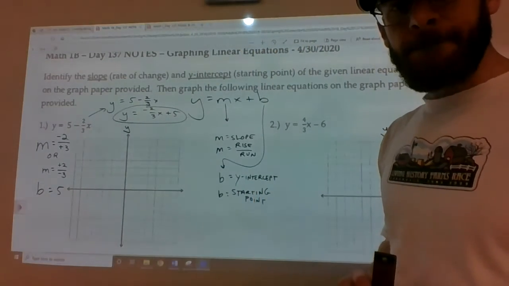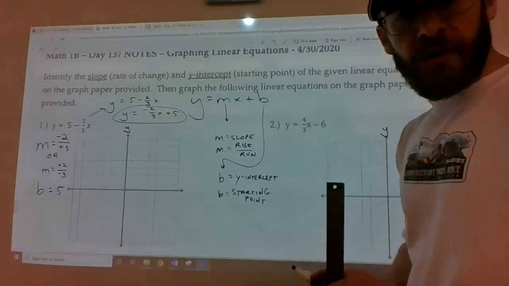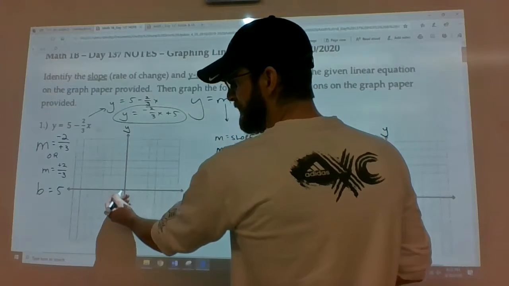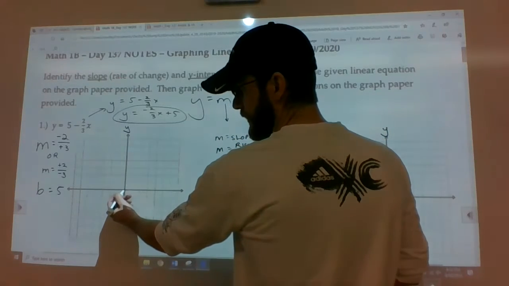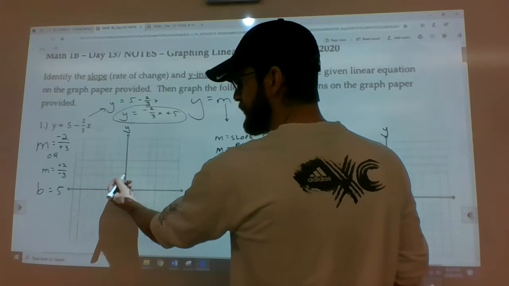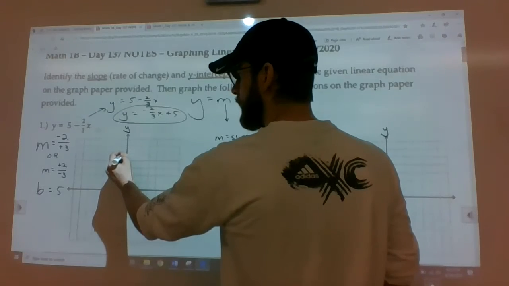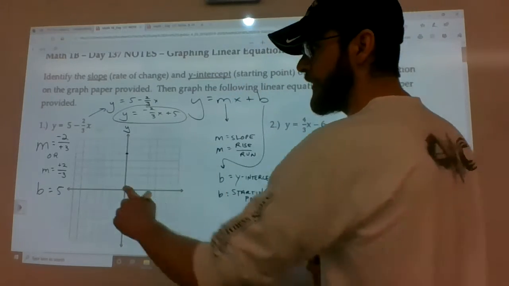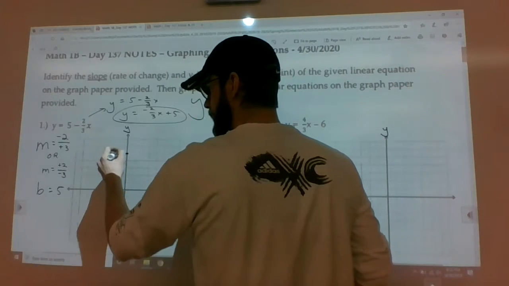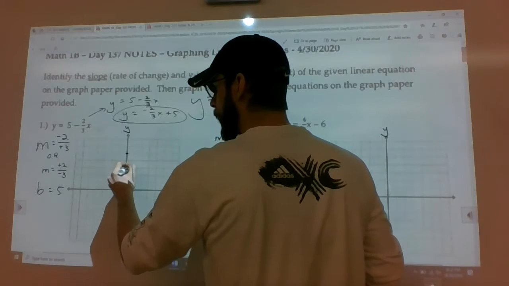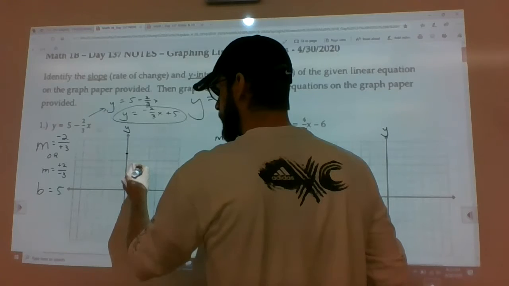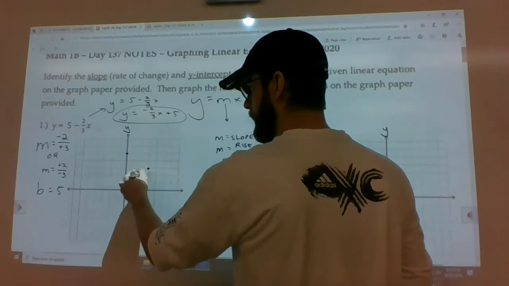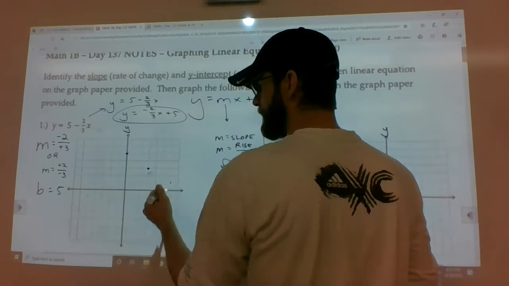So, b equals 5. That means we're going to plot a point on the y-axis 5 units up from the origin. So here's the origin. Go up 1, 2, 3, 4, 5. Make a point. Then we're going to go down 2, right 1, 2, 3. Plot a point. Go down 2, right 1, 2, 3.